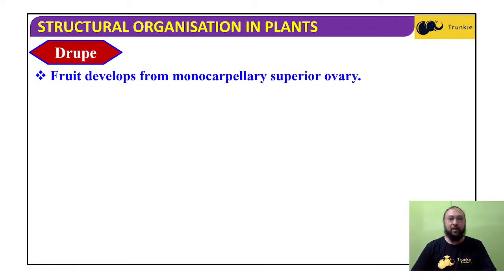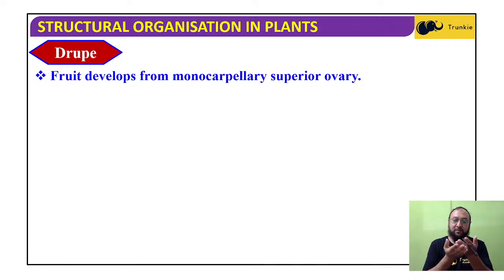When I was explaining the structure of the flower, I told you what is a superior ovary, what is an inferior ovary, what is epigynous, what is perigynous, and what is hypogynous. I explained all these things in yesterday's class when I was discussing the structure of the flower. So the fruit develops from a monocarpellary, single carpel, and there will be a superior ovary.